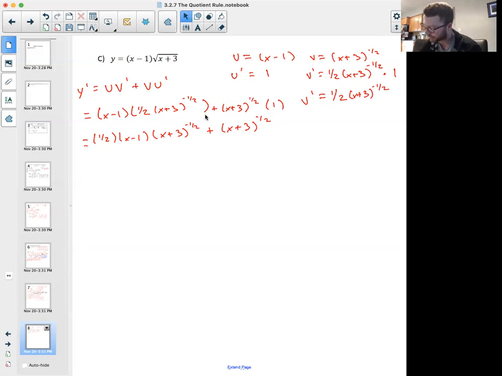Everything will stay the same. Okay, so again, what is common? So in both terms, the common term is x plus 3. And remember, we want to factor out the lowest exponent. So it'll be negative 1 over 2.